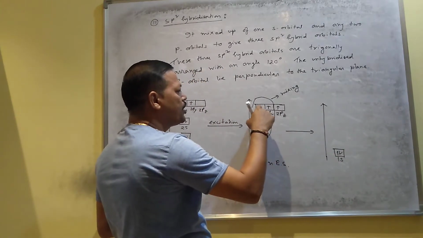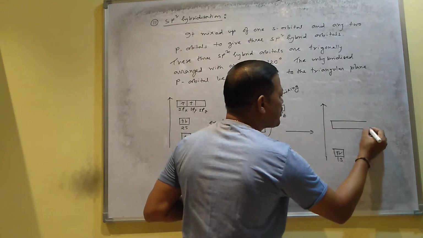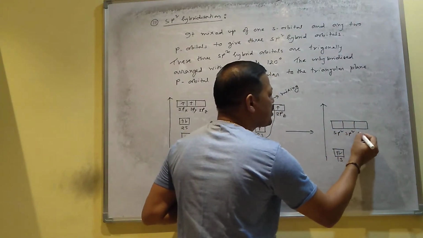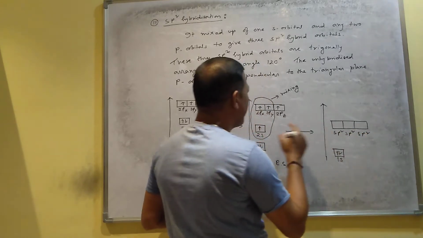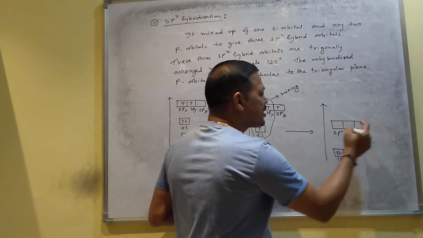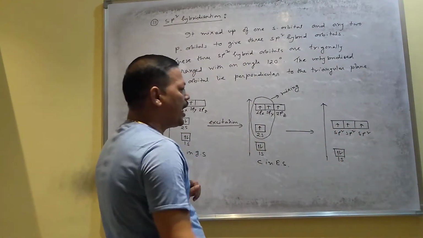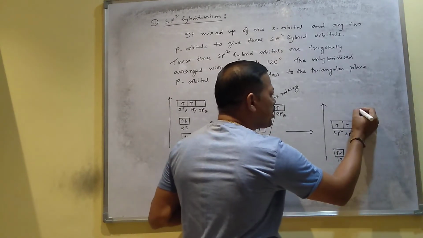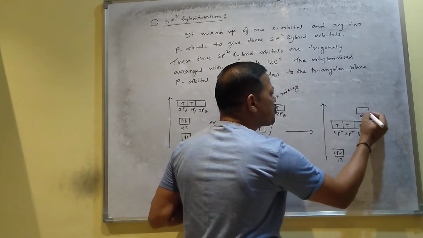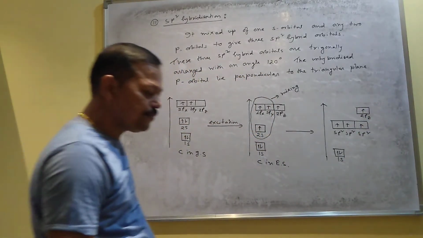Since s mixed with two p, that's why you will get 3 sp2 hybrid orbitals like this. These are the sp2 hybrid orbitals after mixing. Since their energies are the same, you have to put the electrons single. And this 2pz orbital, since it does not involve in mixing, will remain here. This is your 2pz, which is called the unhybridized orbital. It also carries 1 electron.